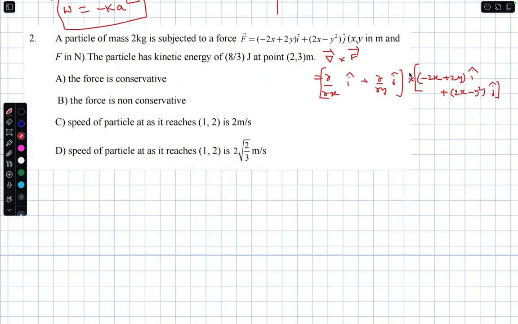i cap cross i cap is 0, i cap cross j cap. Here it is ∂/∂x of (2x minus y²) j cap. i cap cross j cap is k cap. j cap cross i cap is minus k cap.